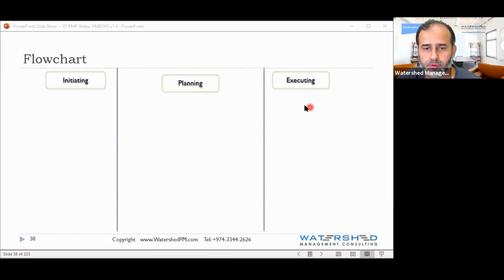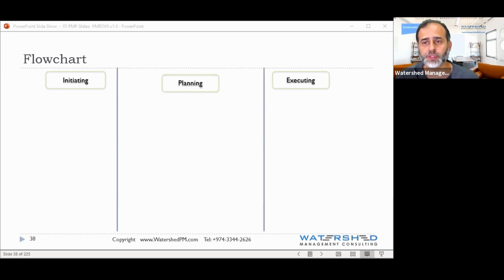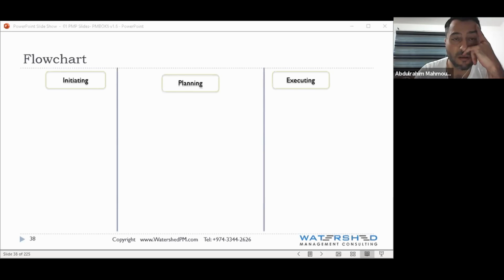Now, what do you understand so far from this slide? The flow chart. Yes, what do you understand from what you see now? This is the next stage of the process flow, initiating, then planning, executing.